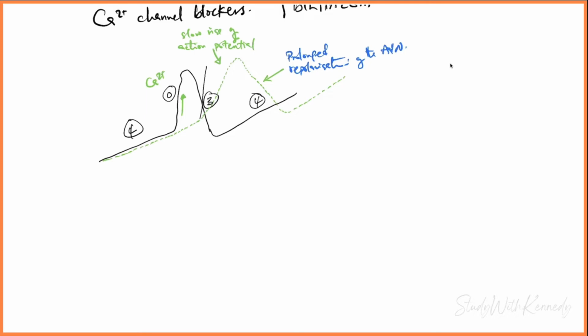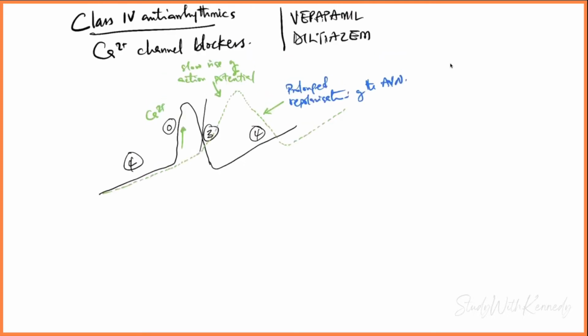The next thing you want to know about this medication is the effect. So if it's causing a slow rise in action potential, prolonging repolarization of the AV node, what do you expect to happen to the PR interval? We said the PR interval is what? The time between AV nodal depolarization and ventricular depolarization. So if AV nodal activity is decreased or prolonged, what happens to the PR interval?